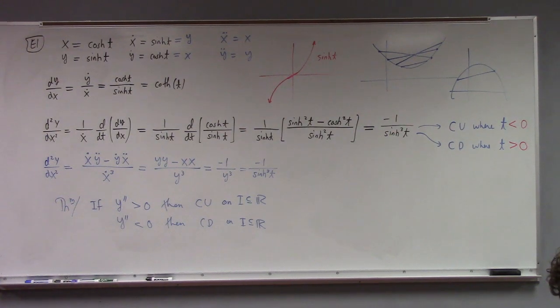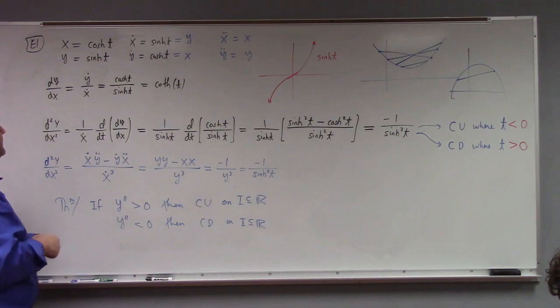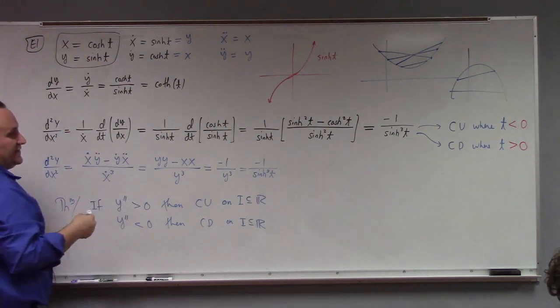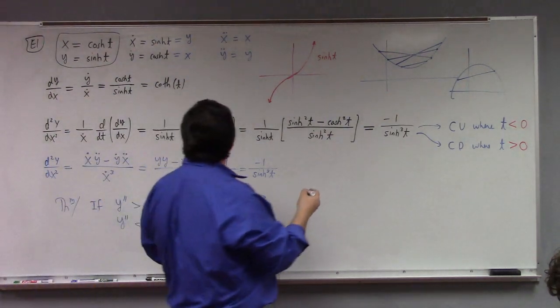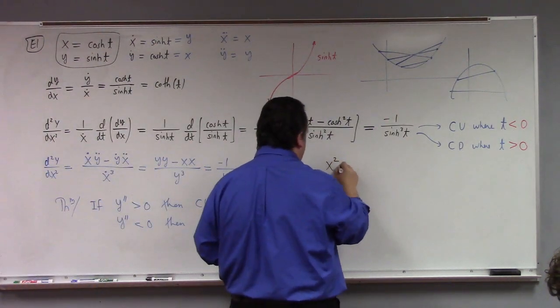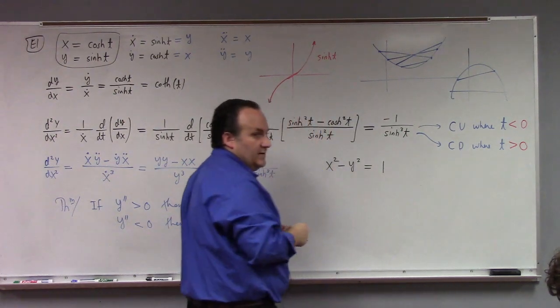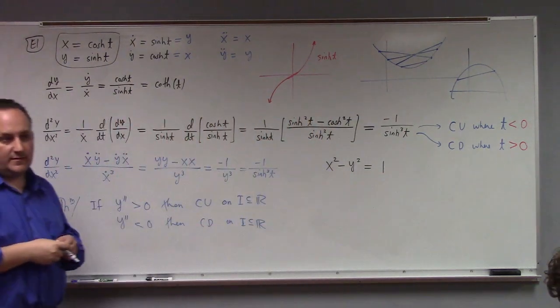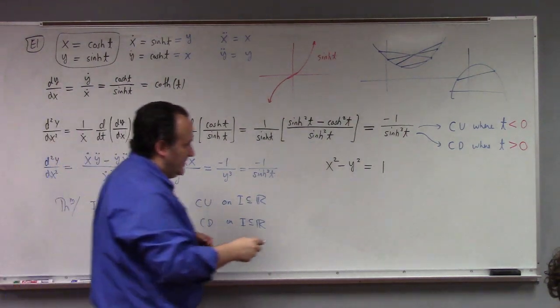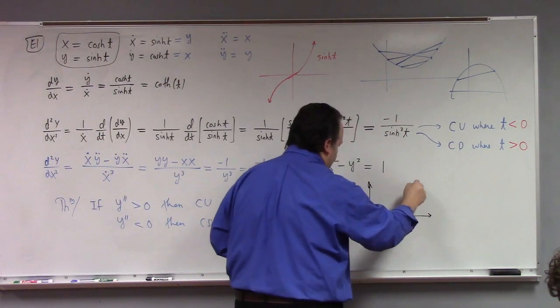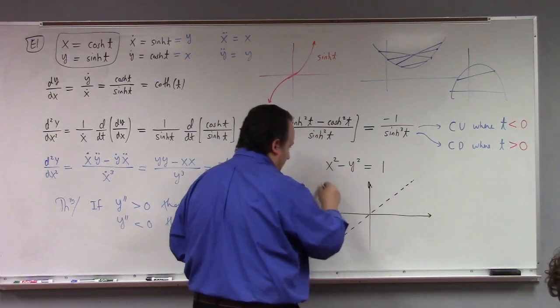Does this make sense? What graph are we looking at? I've got x equals cosh t, y equals sinh t. What is this? This is x squared minus y squared equals 1, right? This is a hyperbola. I sometimes call this the unit hyperbola. It's got asymptotes of y equals plus or minus x, like so.